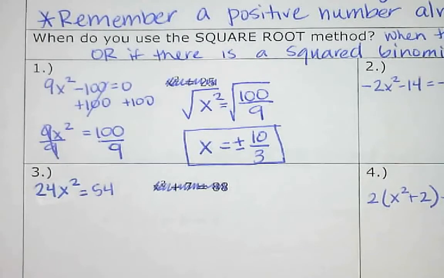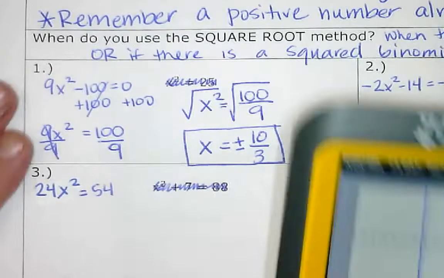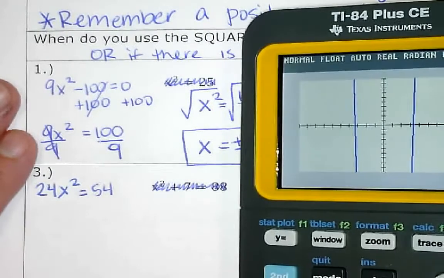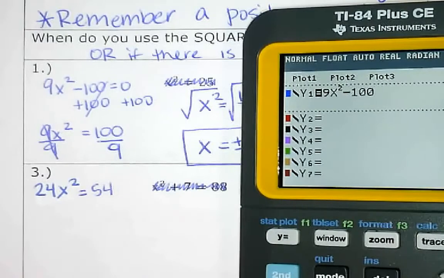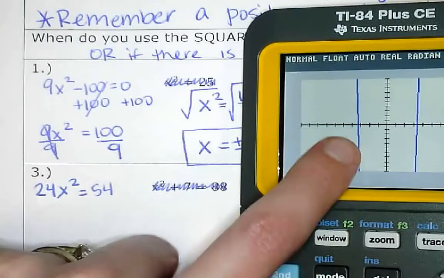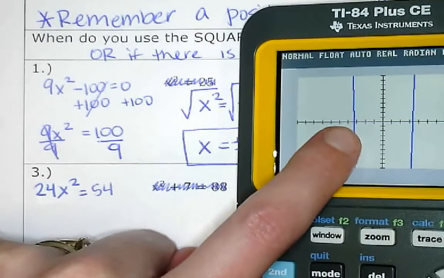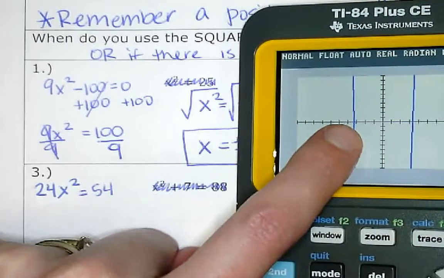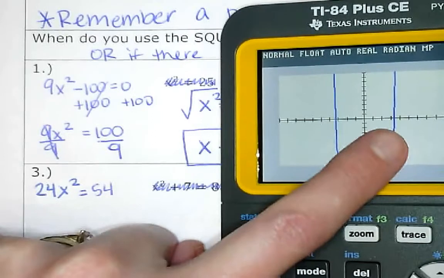And, guys, 10/3 is about 3.33333 repeating. And if you take a look back at the graph we graphed at the very beginning, 9x squared minus 100, one of my solutions is just over negative 3 1/3 and 3 1/3.